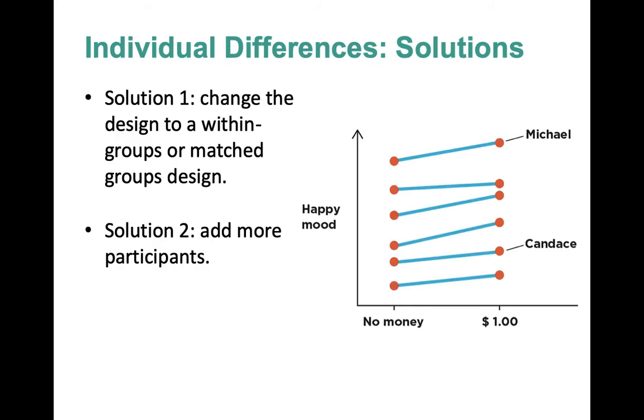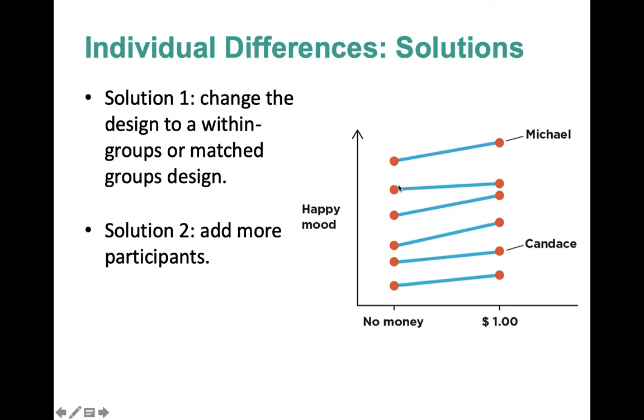So one solution to account for individual differences is something that I've lectured on in the past, which is to use a within groups design. Where you would give both levels of the independent variable to each person. So here we had Michael, who's the happy person.